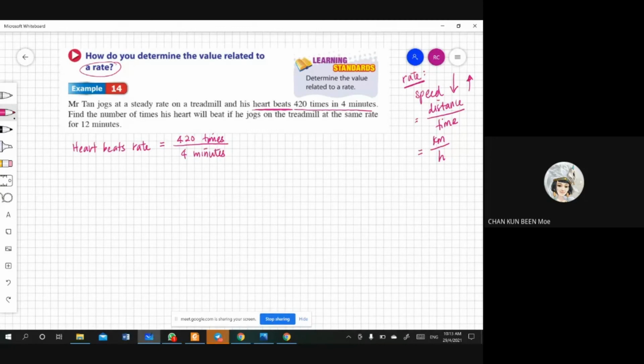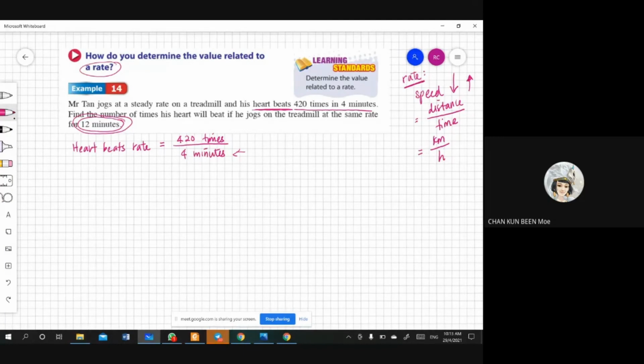Okay, now how do we find out the answer? Because you look at the last line, the last line is always the question. Find the number of times his heart will beat if he jogs on the treadmill at the same rate for 12 minutes. So this one is 4 minutes. But then if it is 12 minutes, then we need to find out the answer. Okay, so you have learned all the 3 types of method.